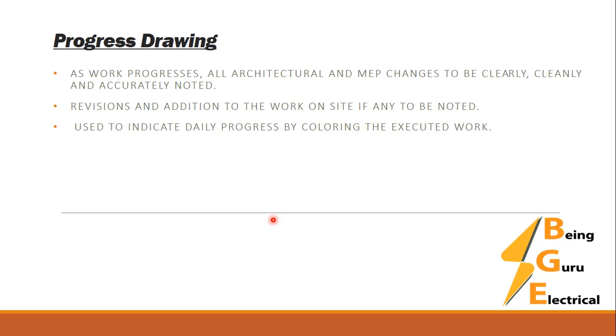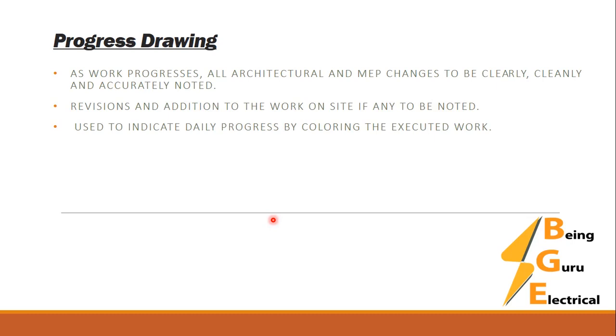Next day, if the next area is finished, he can color that part. So if he is absent for some reason and another engineer comes, he should know the executed work and the unexecuted work. He can differentiate. So the main advantage of the progress drawing is this.